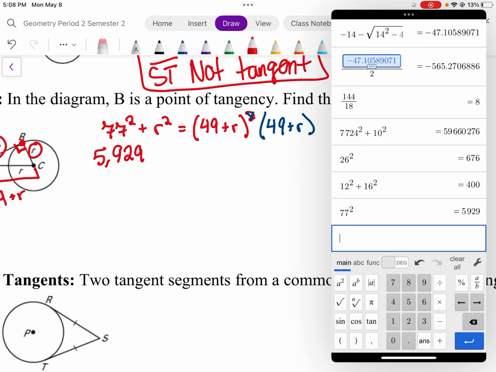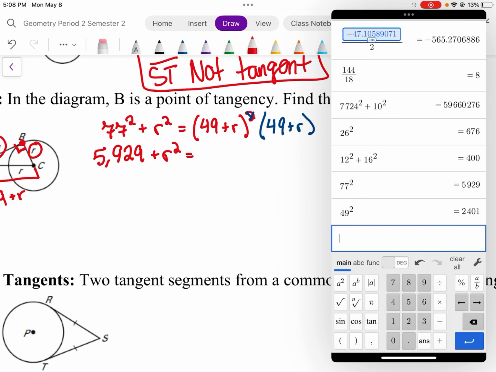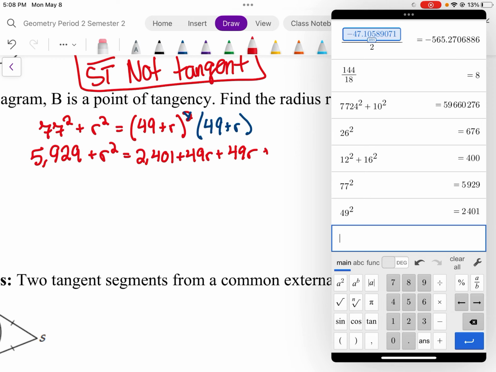So when we take 77 squared, we're going to get 5,929. And 49 squared is going to be 2,401 plus 49R 2 times, and then plus an R squared.